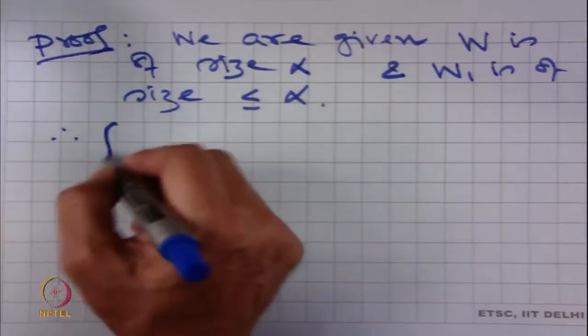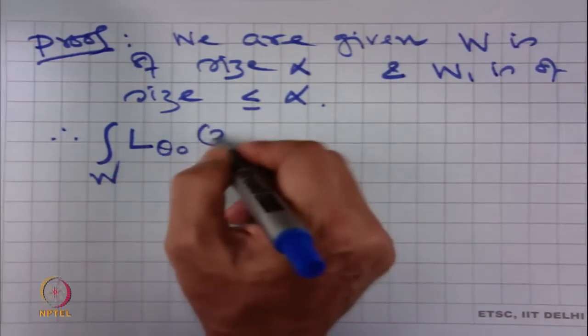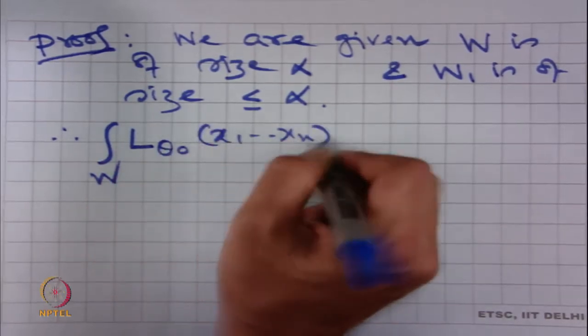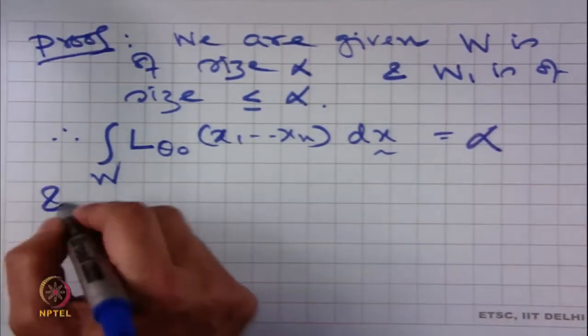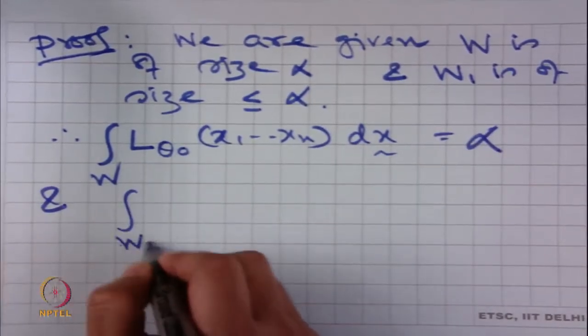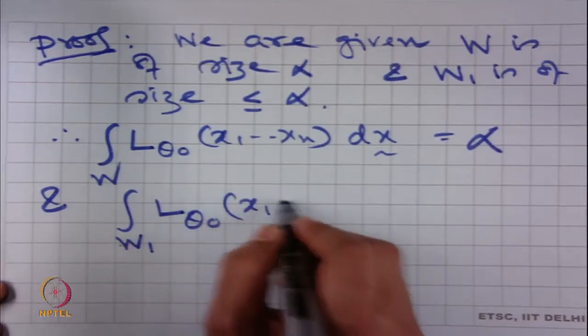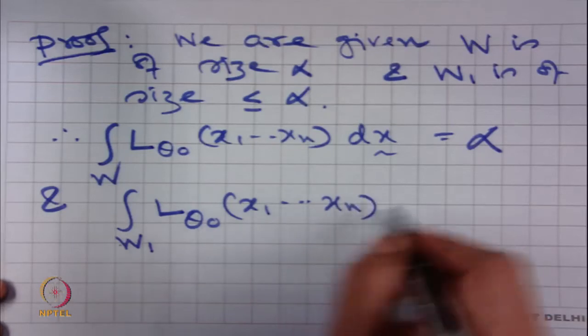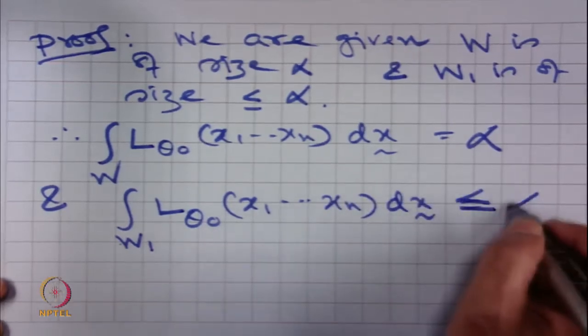Therefore, integration over W of L theta 0 of x 1, x 2, ..., x n dx is equal to alpha, and integration over W 1 of L theta 0 of x 1, x 2, ..., x n dx is less than or equal to alpha.